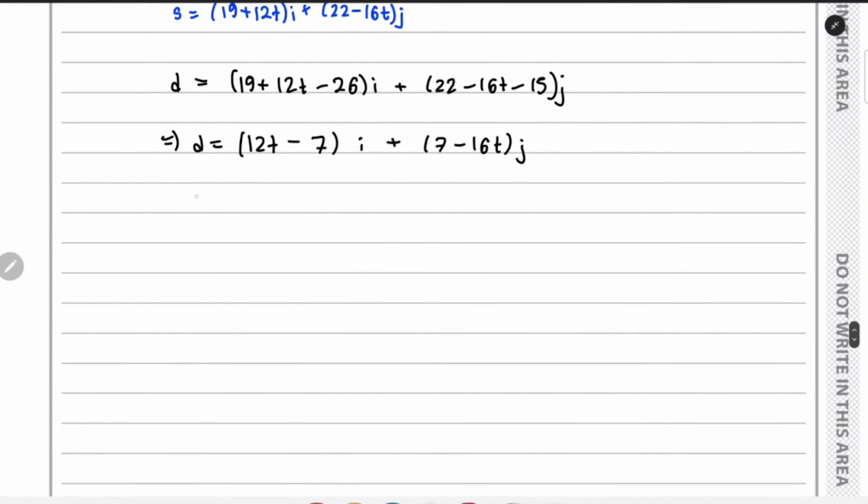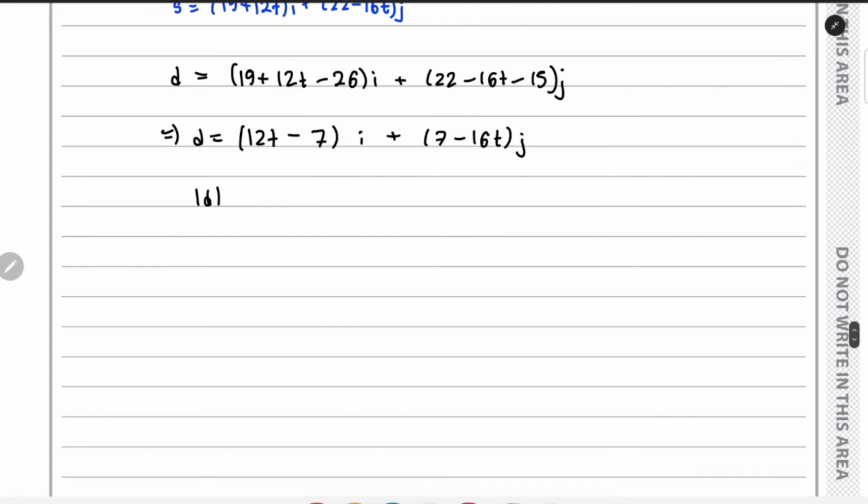So in this case, we'll have modulus d equals root over (12t minus 7) square plus (7 minus 16t) whole square.